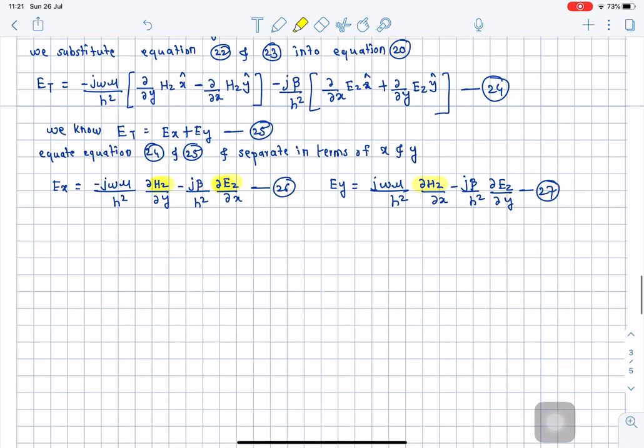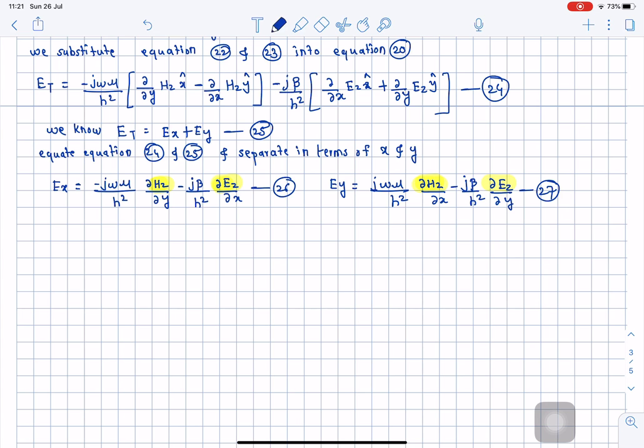So we have successfully developed the field components expressed in terms of transverse components on the left hand side, written in terms of a longitudinal field component. The objective is completed.